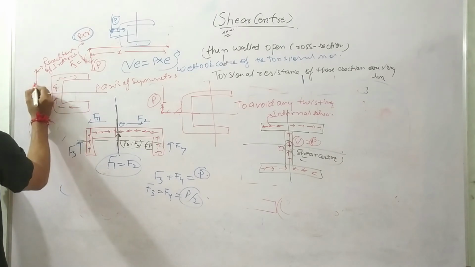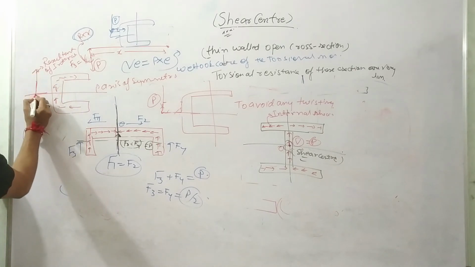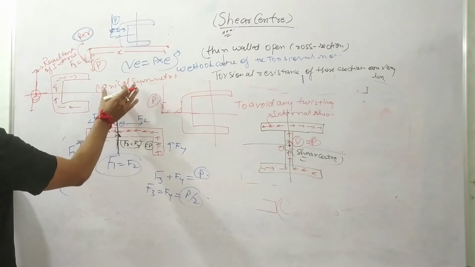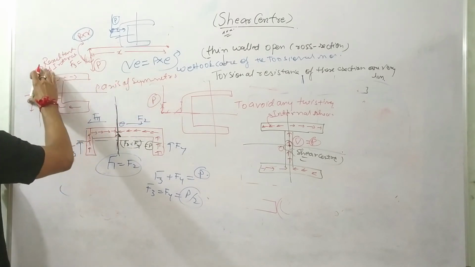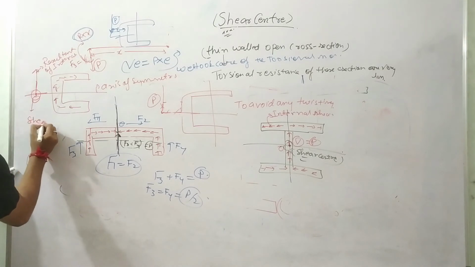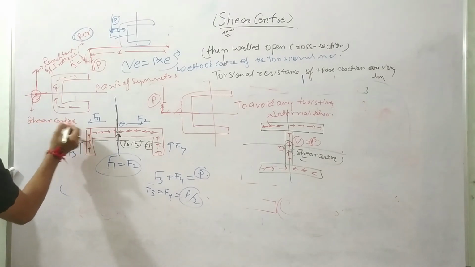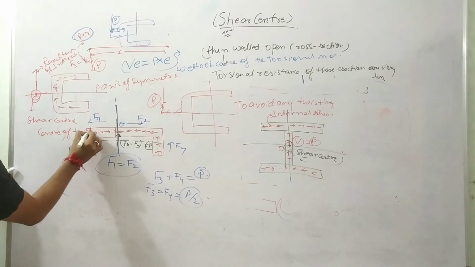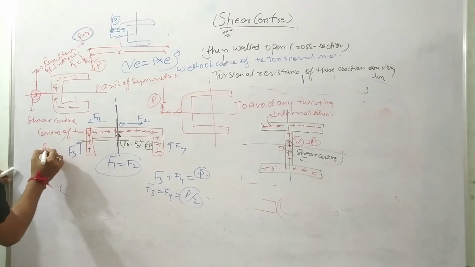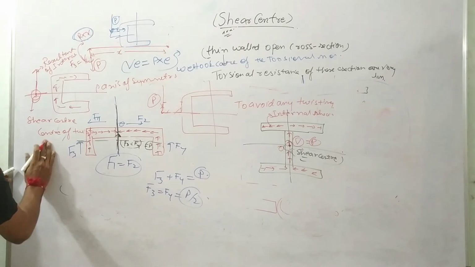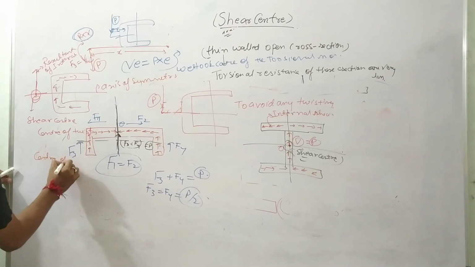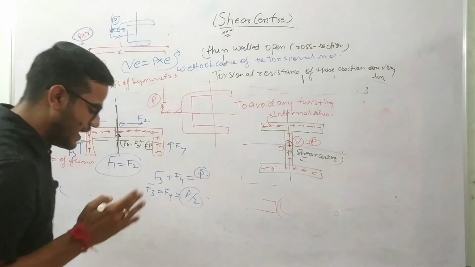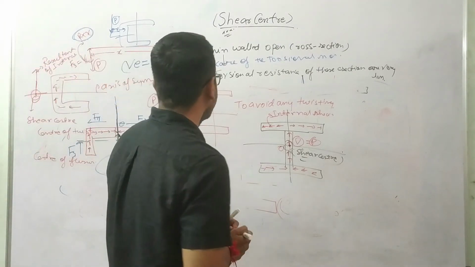Okay, so these are intersecting at this point. The intersection of the axis of symmetry and the resultant of the internal shear is also called the shear center. Okay, it is also known as center of twist, and center of flexure. Okay, center of flexure.